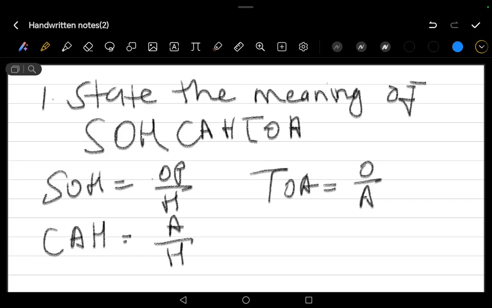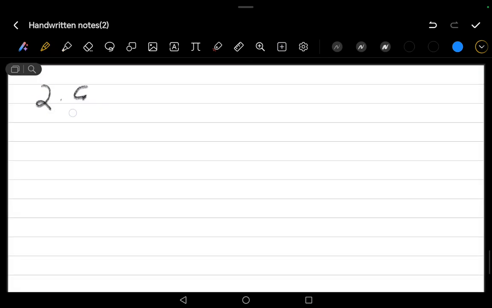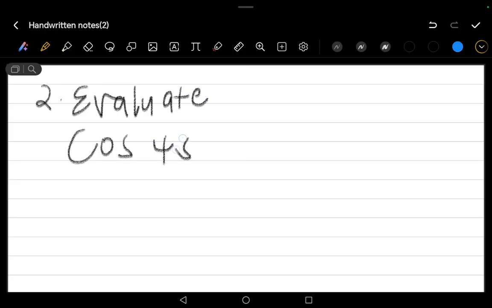And then I want you to evaluate cos 45 degree. It's just a quick quiz. Cos 45 degrees is equal to the square root of 2 divided by 2. Okay, great.